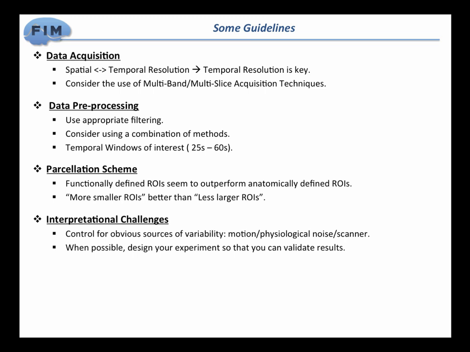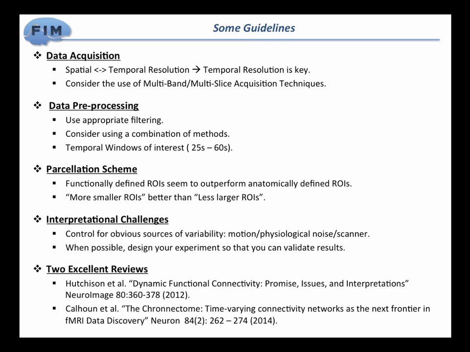I know sometimes that's not that easy, but give it a second thought of trying to have an external validation metric if possible. And if you're really interested in this topic, I would definitely suggest reading these 2 review papers that have appeared, not that recently anymore, but I still think they contain a lot of information that is valid as of today. So that's all I have.